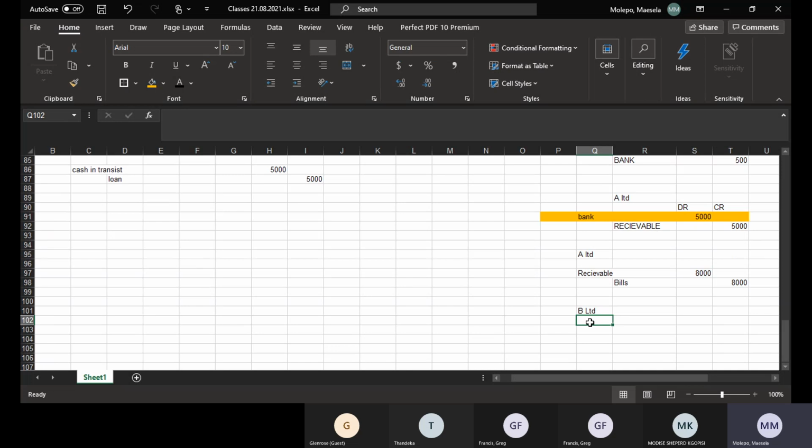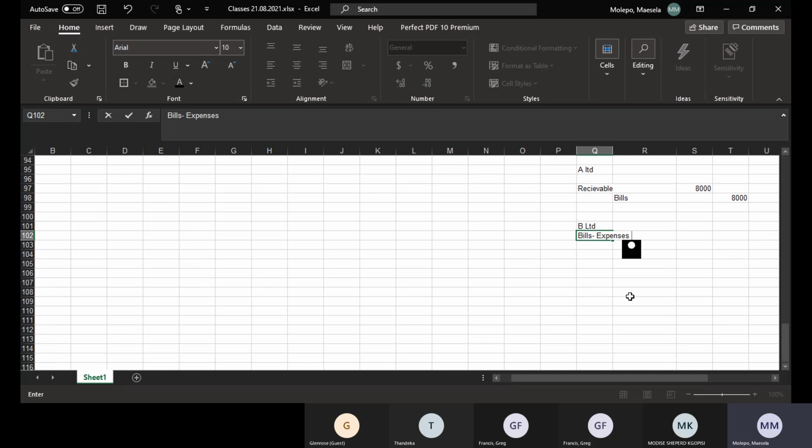So his expenses need to increase, which will be the bills, because the bills represent the expense that he needs to pay. And then it will be the bills payable here. It will be the payables because you still have the expenses to pay of 8,000.